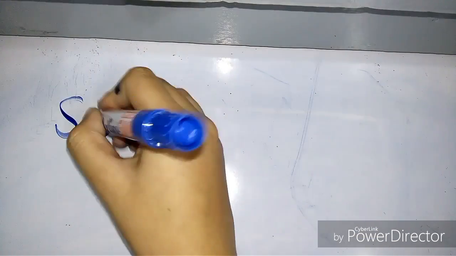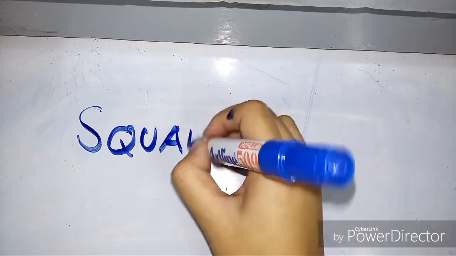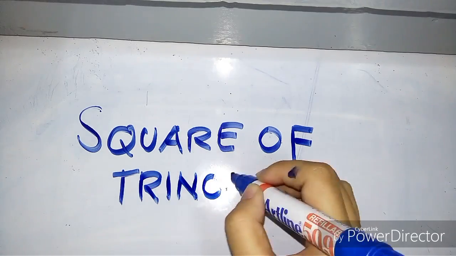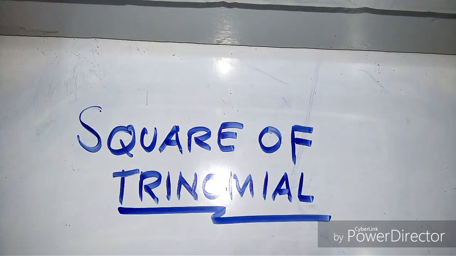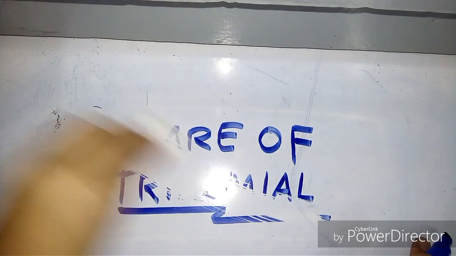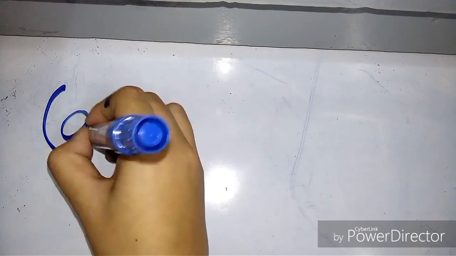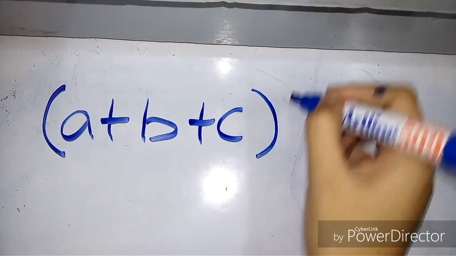Next, we're going to be doing square of trinomial. For me, this is very easy, but it's kind of a long process. So we'll be using the example of the quantity of a plus b plus c squared.